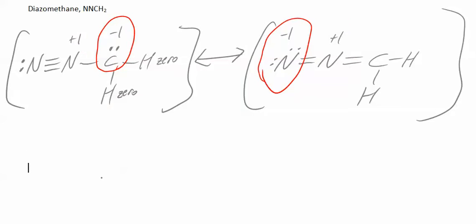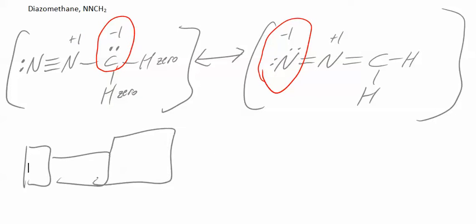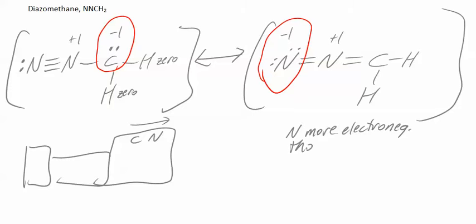If we think about electronegativity, on the periodic table, carbon is about here and nitrogen is about there. Things get more electronegative as you move to the right, so N is more electronegative than carbon.